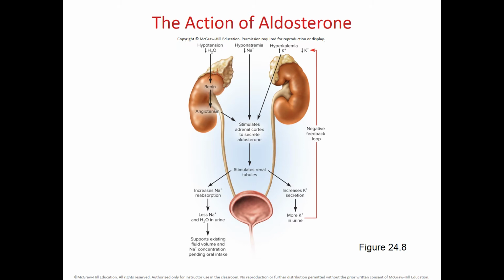So this is a diagram to show you the action of aldosterone that we already talked about. So basically your sodium will be reabsorbed, which will lead to less sodium present in your urine, and at some point that will help to increase the absorption of water, and then you will increase your blood volume.